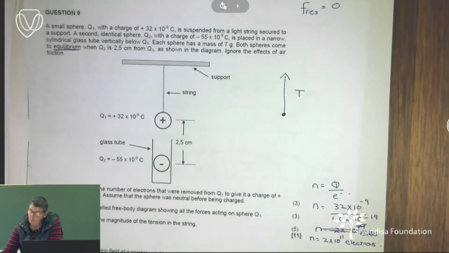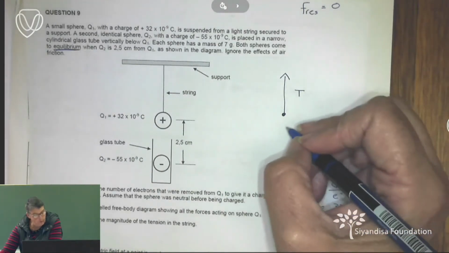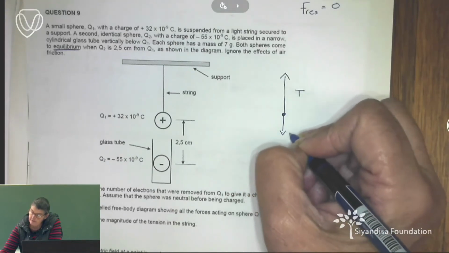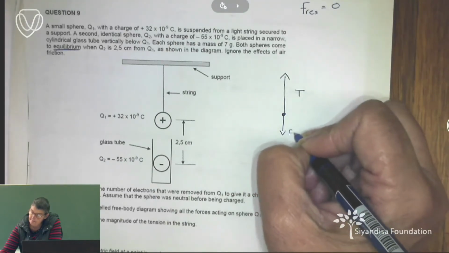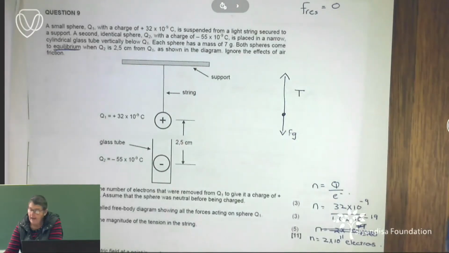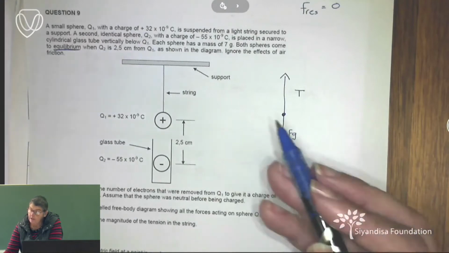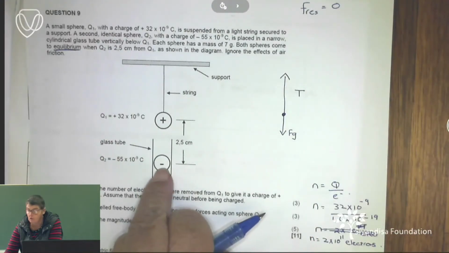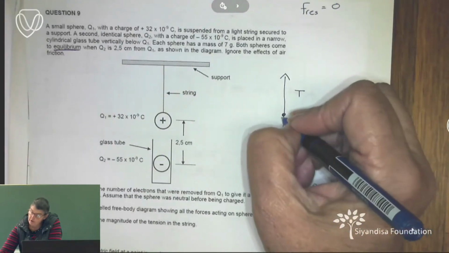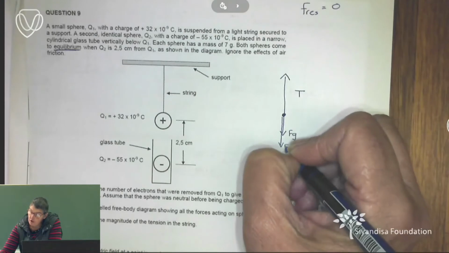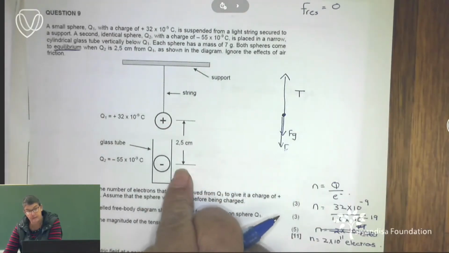Right, the next one is definitely going to be gravity, because it has a mass. Okay. And then we are going to have a third force, which is going to be as a result of this one. Because remember, we're busy with forces here. That's a positive and that's a negative.